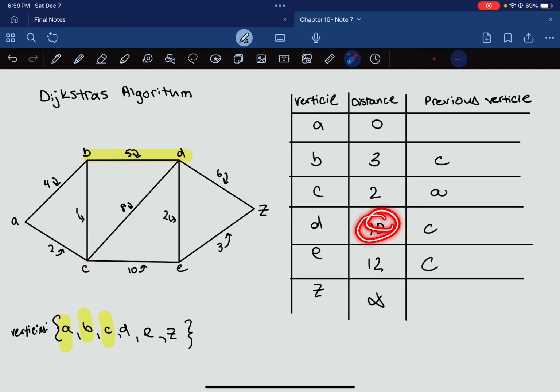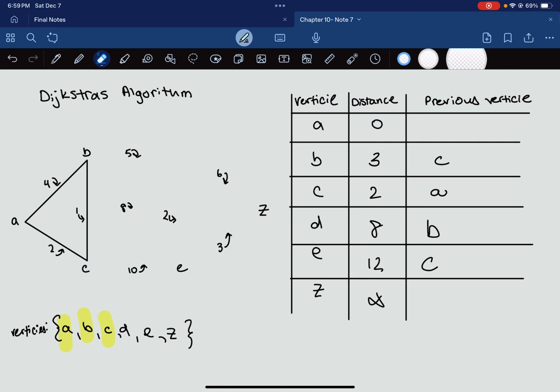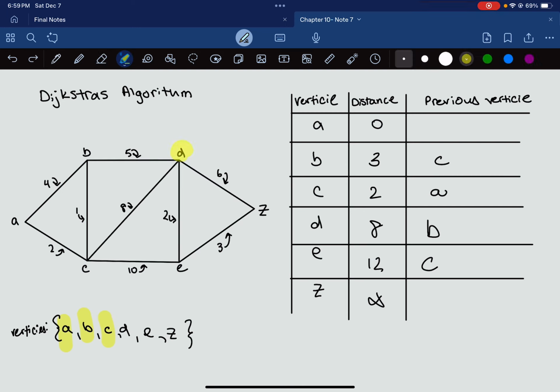Is 8 smaller than 10? Yes. So we're going to erase this, write 8, and this is going to be B. And now we are at D.